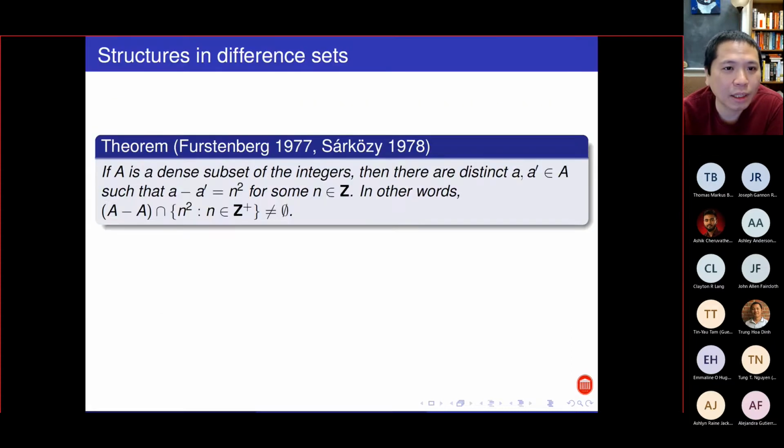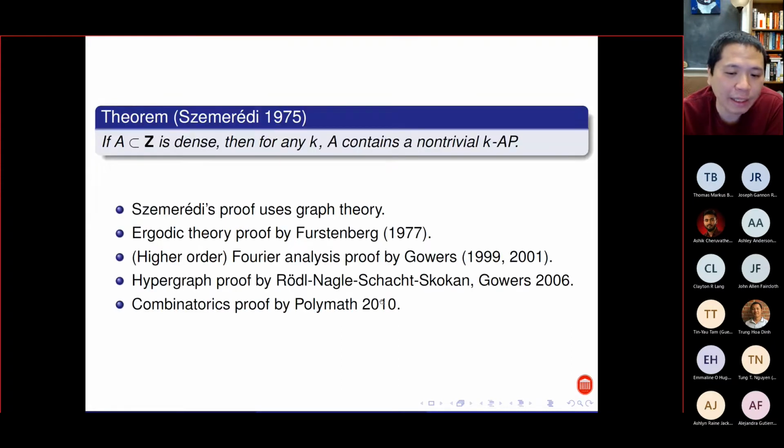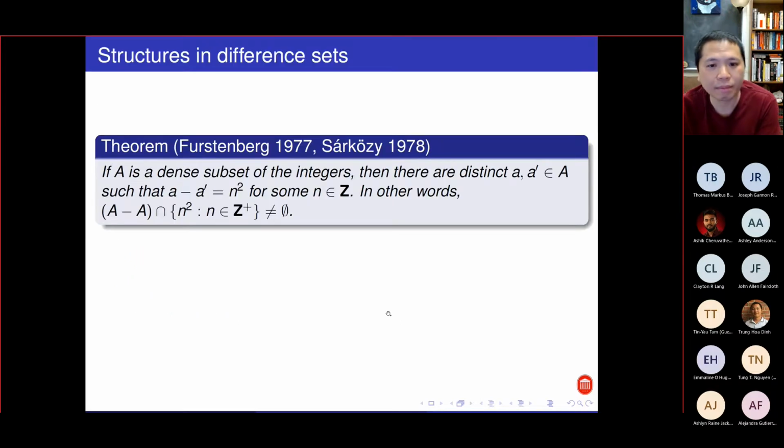So let me show you yet another theorem in the same spirit. If I take a dense subset of the integers, then I can find two numbers in the set which differ from each other by a perfect square.